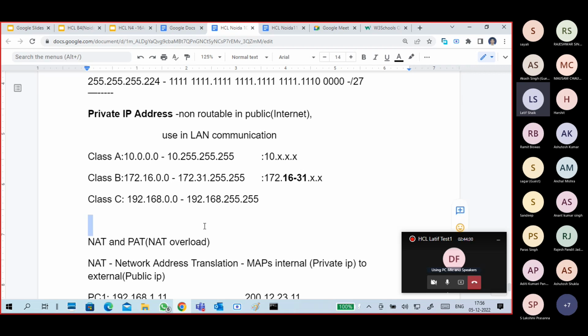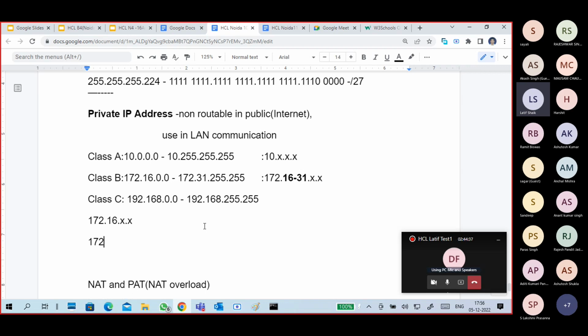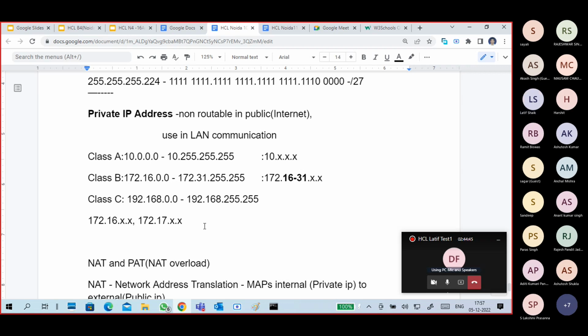Be careful in it. 172.16 is a private IP. 172.17 is a private IP, but not the same. Both are private. You can use that one or this one, but not the same network. Both are in the same class, both are private, but not the same network.